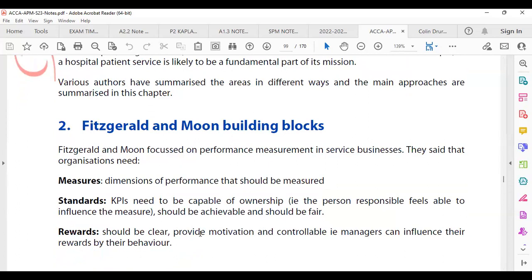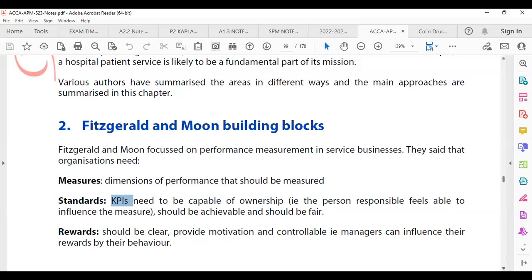Anyway, there is a non-financial. We have physical and moon blocks. This one here basically focuses on performances, mission, services, businesses, and the organization needed. The measures, the dimensions of performance that should be measured, and standards. Key performance indicators need to be capable of ownership.